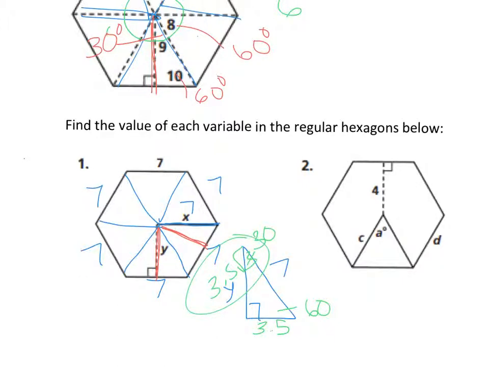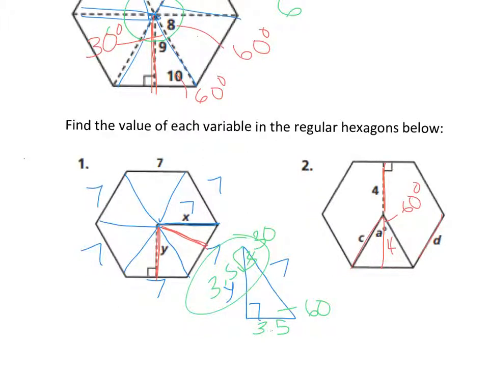So over here, number 2, the apothem is 4. So we know that A has to be 60 degrees. And we know that C and D are equal, but now we have to find C and D. So if this is 4 right here, the long side of a 30, 60, 90 is 4.